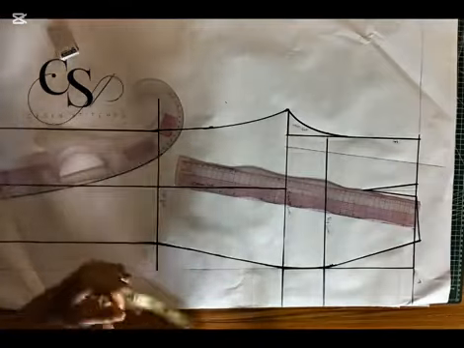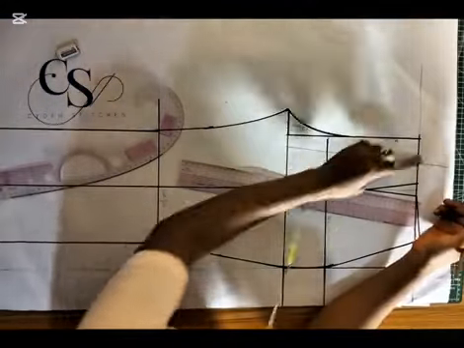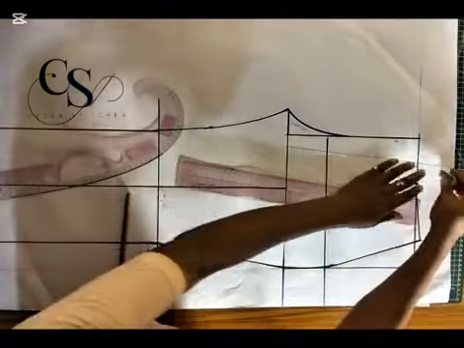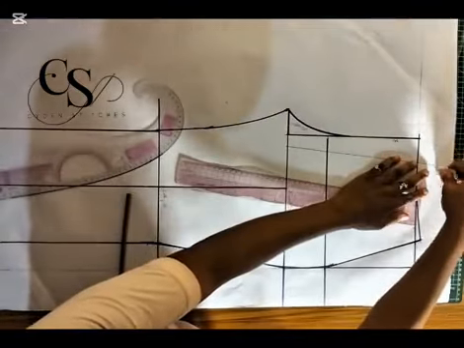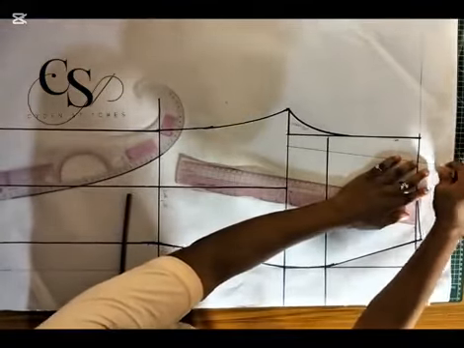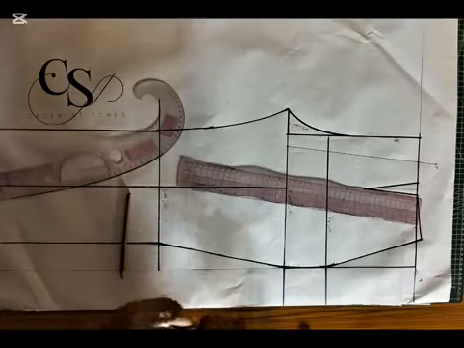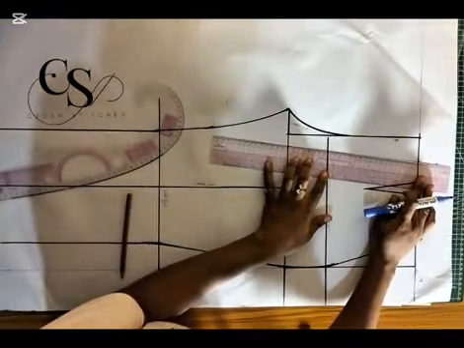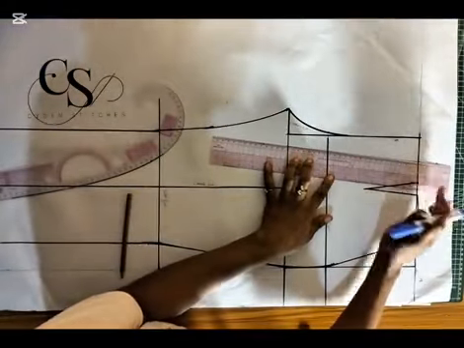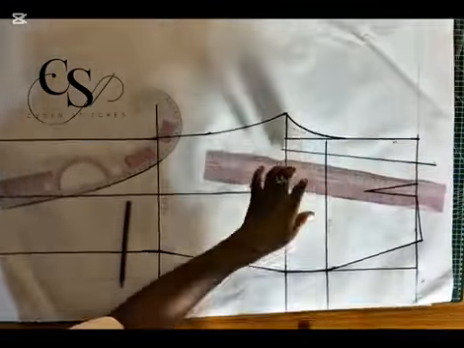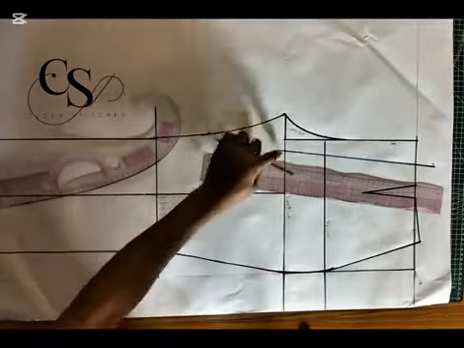So for this I will do 1.5. I will extend by 1.5. So I'll clean out the excess here. Then I'll highlight it with my blue marker. Oh, sorry, it was not supposed to.